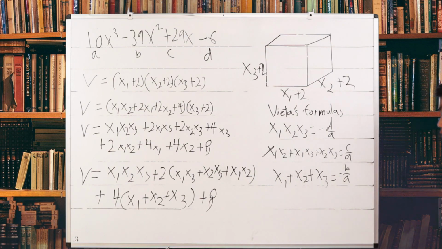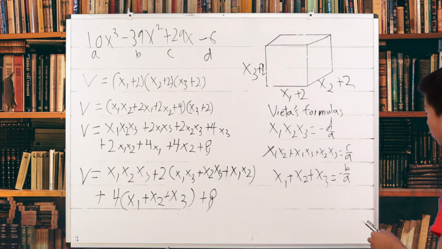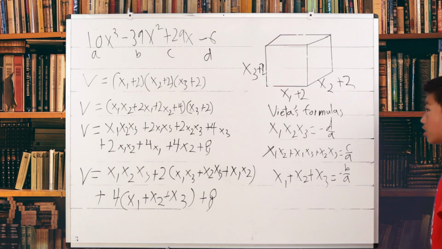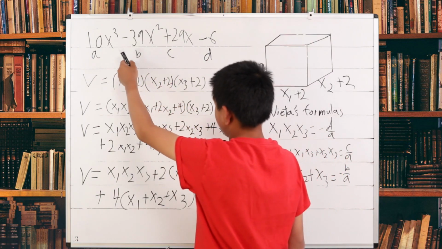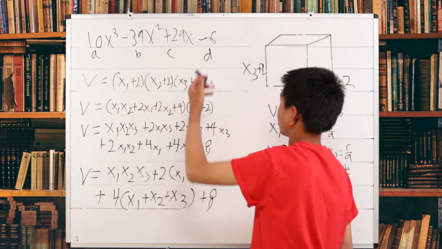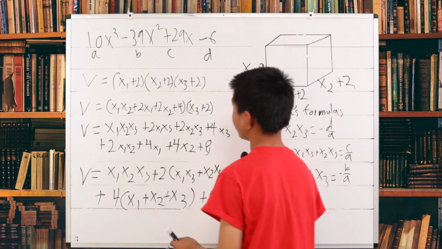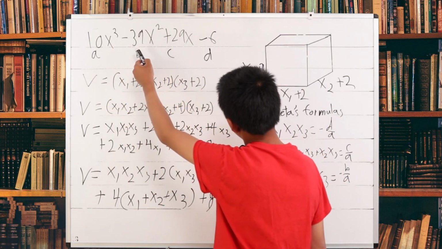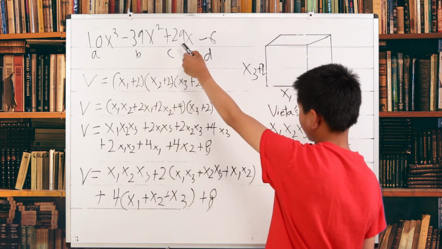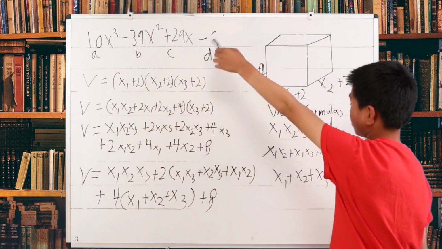We're going to use those. Now, you know what a, b, c, and d are since we are already given the polynomial. So 10 is a, b is negative 39, c is 29, and d is negative 6.